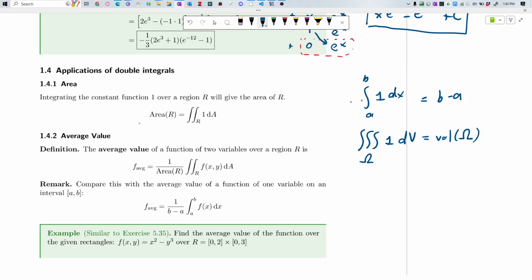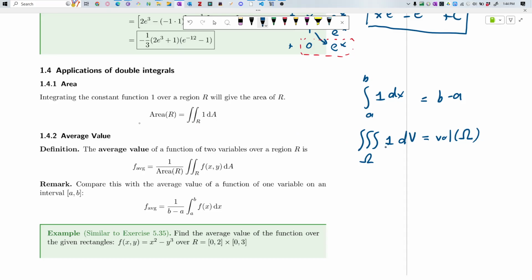So really, integrating the function 1 is rather special. It measures the notion of area or volume for whatever dimension you're working in. So if you're working in dimension 1, integrating the function 1 gives you the length of the region you integrate over. In dimension 2, if you integrate the function 1, you're measuring the area of the region that you integrate over.